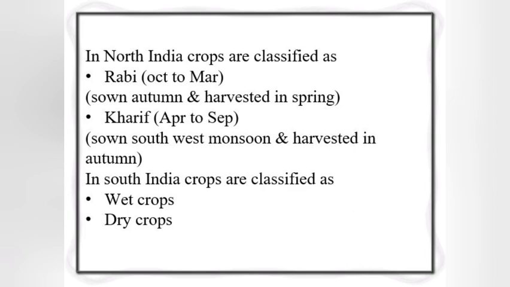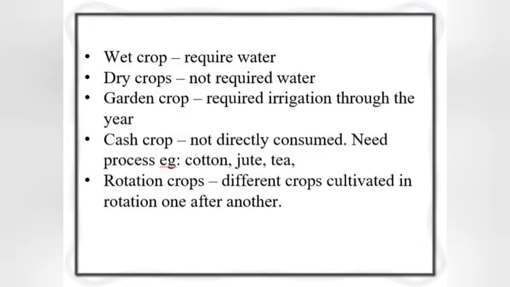We know that winter crop is a Rabi crop, and summer crops are monsoon crops as well as hot weather crops. The monsoon crop is called the Kharif crop, right? And wet crop and dry crop are related to South India, as there is no distinct season.